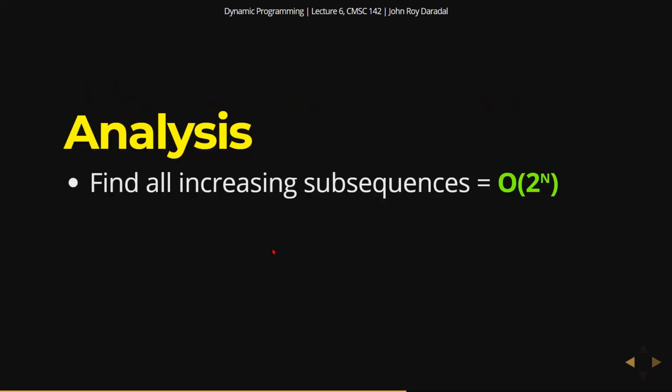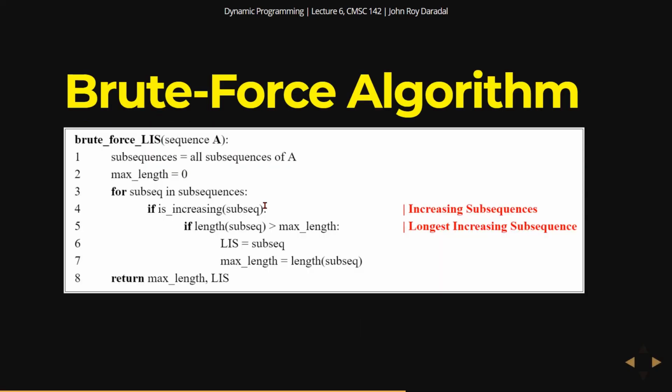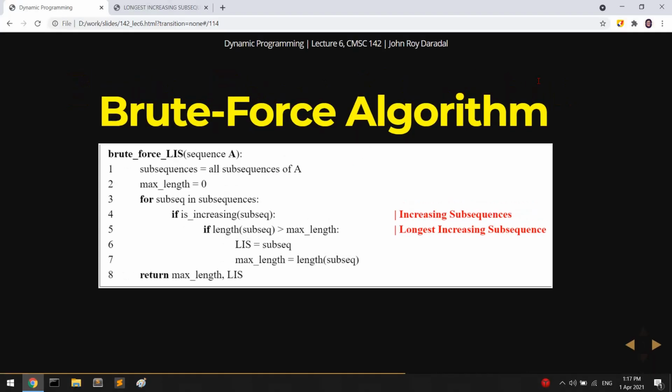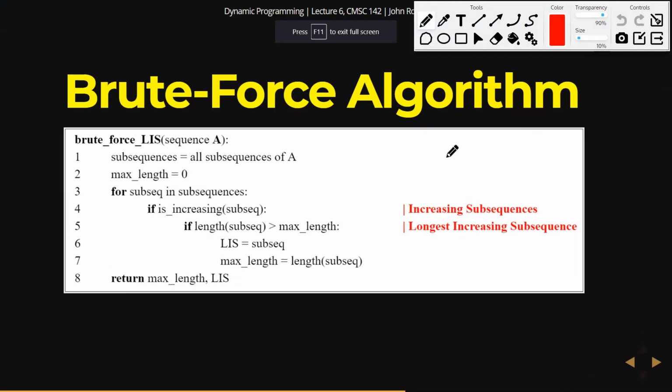So finding all increasing subsequences takes O of 2^n. Why is that? Because if A has length n, the subsequences of A will number 2^n in total, right?